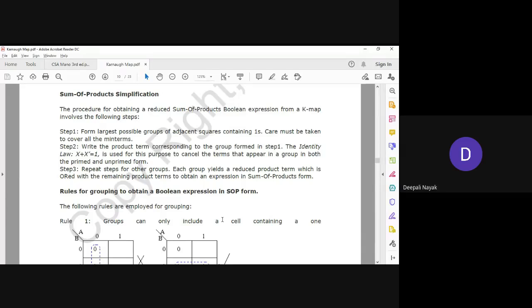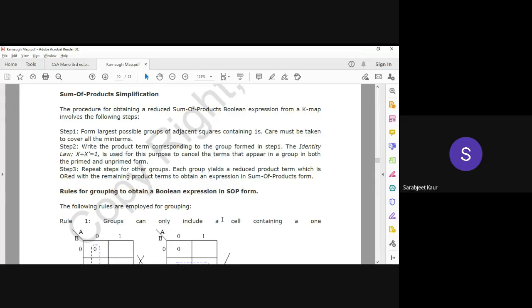The procedure for obtaining a reduced sum of products Boolean expression from a K-map involves the following steps. Step 1. Form largest possible groups of adjacent squares containing ones. Care must be taken to cover all the minterms.